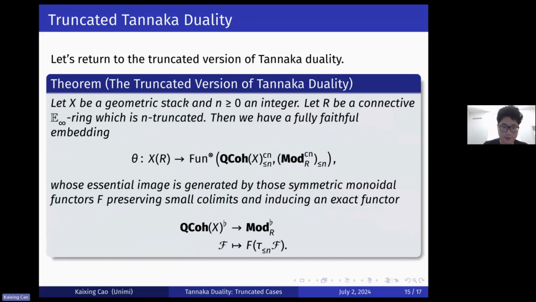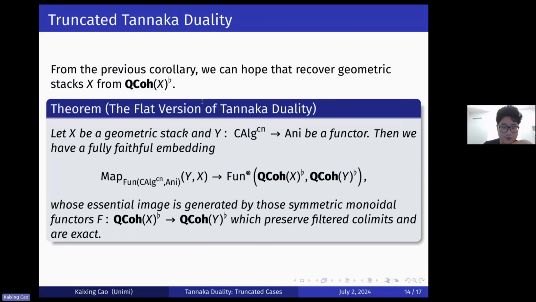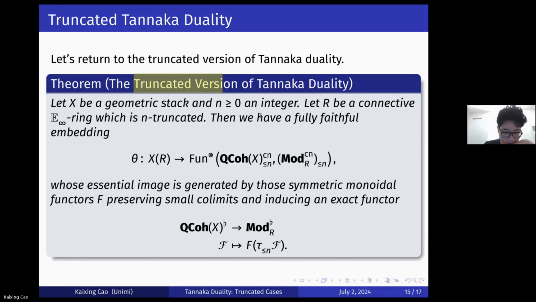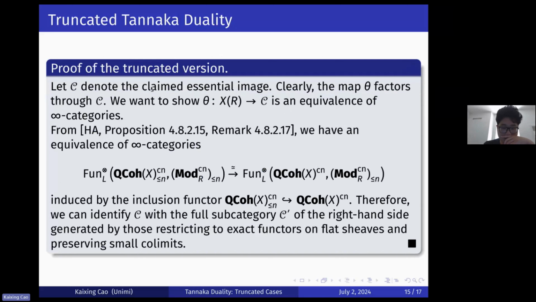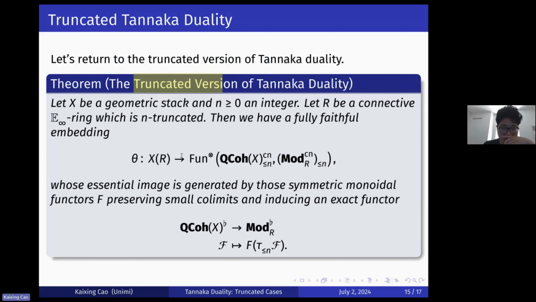Okay, let's return to our truncated case. We will prove it using our slightly more general truncated version of the Tannaka duality and this flat version. What we want to prove is that the pullback and the restriction give this embedding theta, and we have described the essential image.